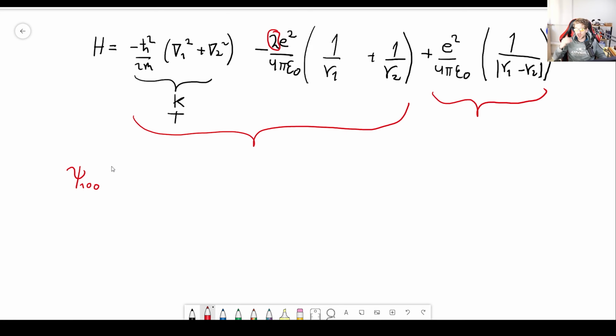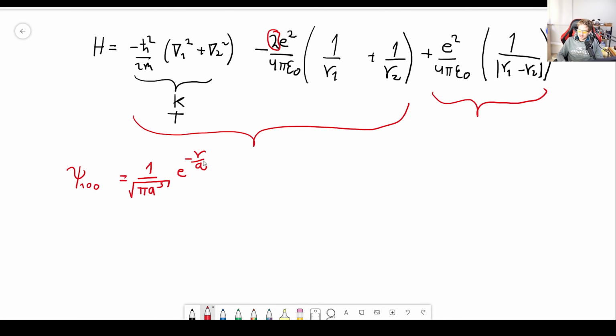Again, we're going for the ground state of helium, so we're going to compare with the ground state of the hydrogen atom, which is 1 over the square root of pi a cubed, a again being the Bohr radius, and then we have e to the minus r over a. So that is what we had before.